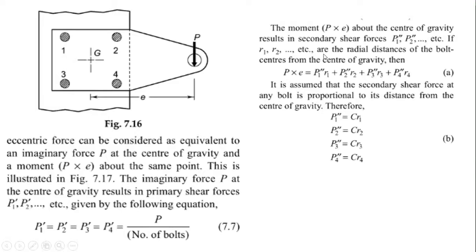Here R1, R2, R3 and R4 are the radial distances of the bolt centers from the center of gravity.